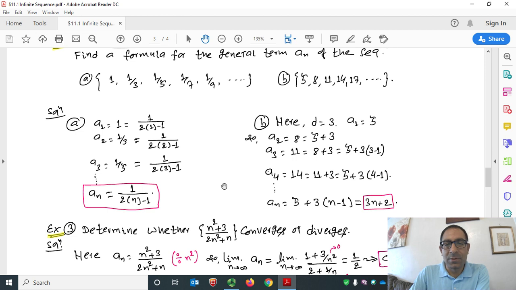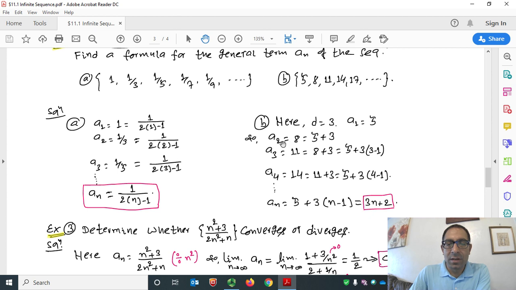Great. Similarly in part B, it seems to me it's an arithmetic sequence. The first term is 5, and the common difference is 3 between the first and second terms; second and third is 3, third and fourth is 3.